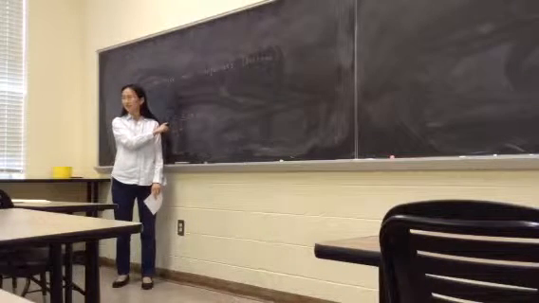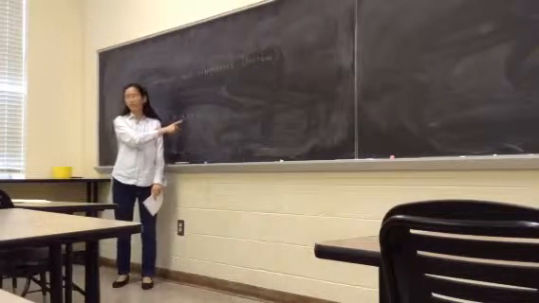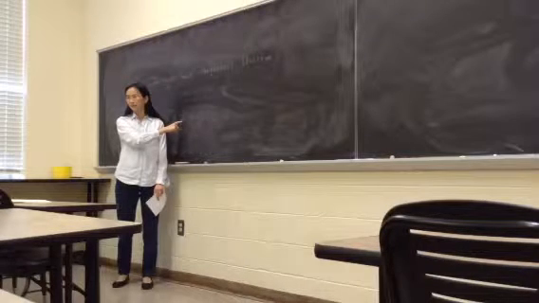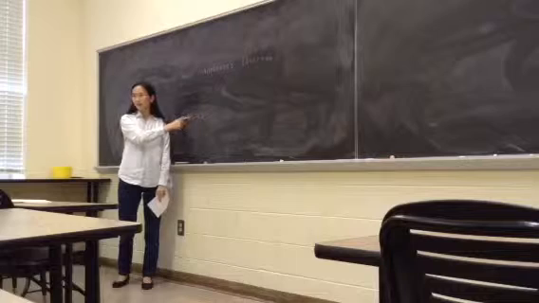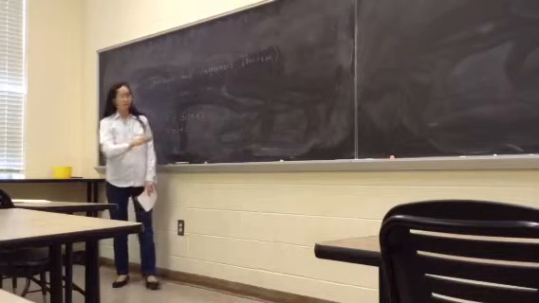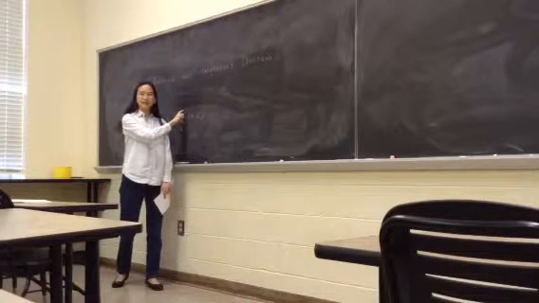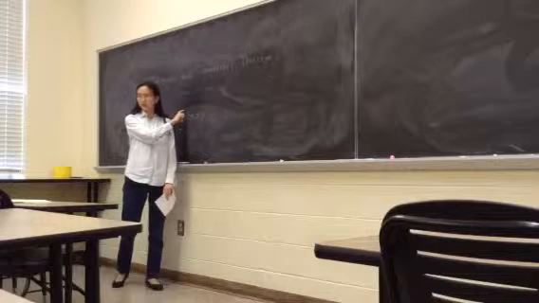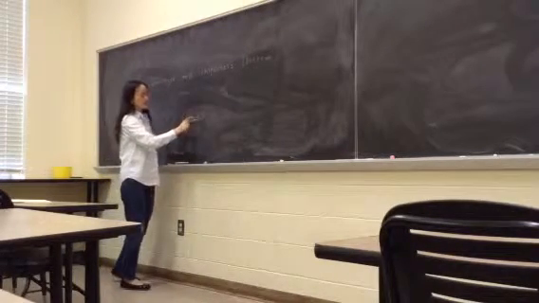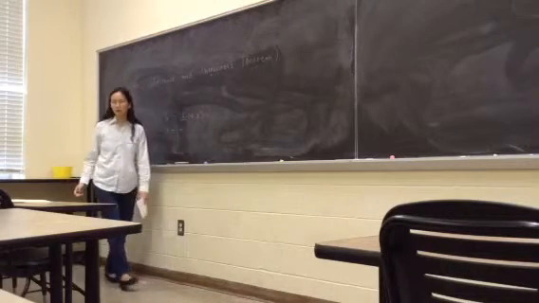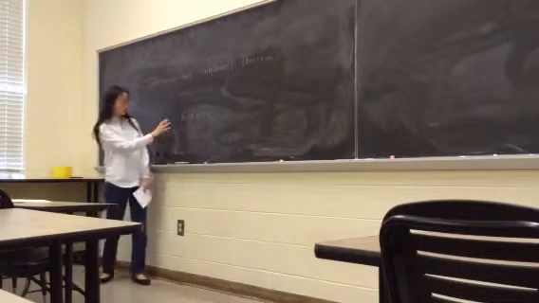If x is n dimensions, this is still an n-dimensional vector, although each component is a function of n plus 1 variables. So that's a quick review of the notation.